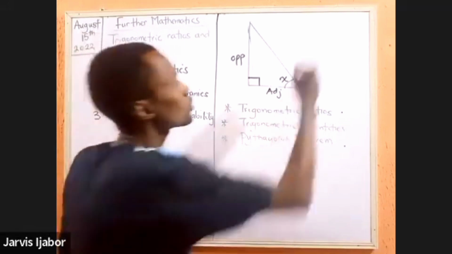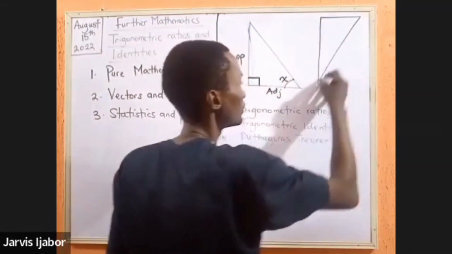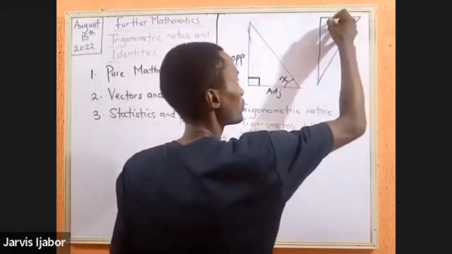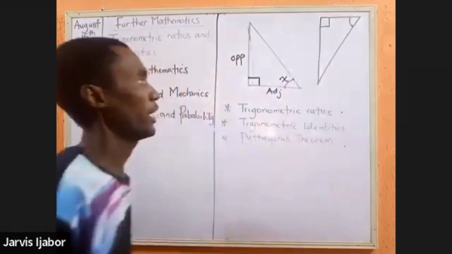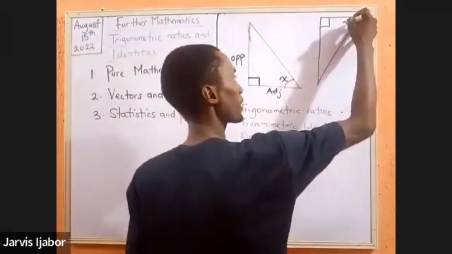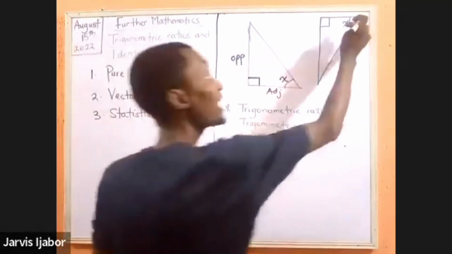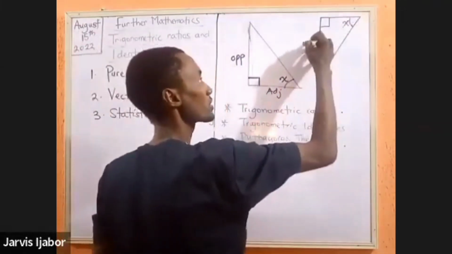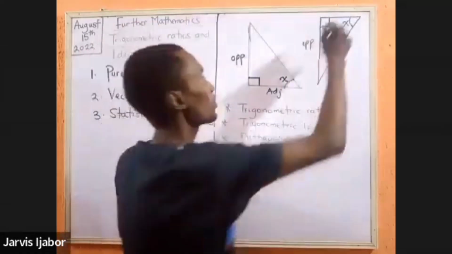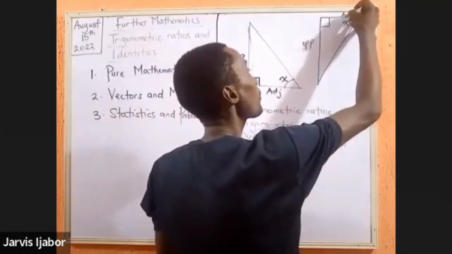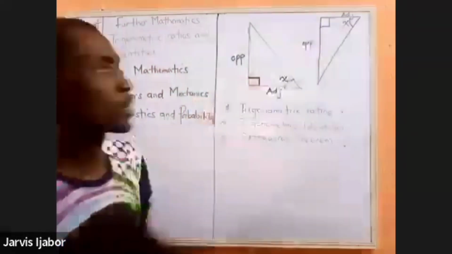To further confuse you, let me flip this angle upside down and show you something that is happening. Now, in this iteration, I'll put the angle X here. What I've done is just to turn it. Where the angle is seen will be called the opposite. Where the angle is hanging on is called the adjacent. So it's important you get these ideas very clear in developing this concept.